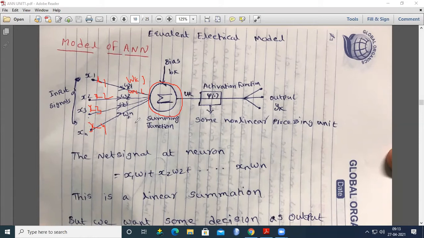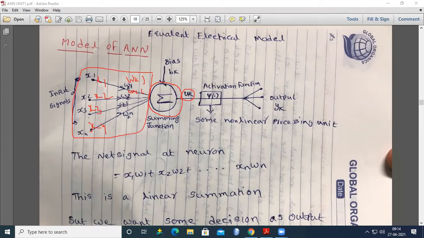These signals are sent to this node, and it has some bias. And this is the activation function, and we get the output Yk. Here the summation is called Uk. So you can say that Uk equals the summation of all these signals. This is the activation function.